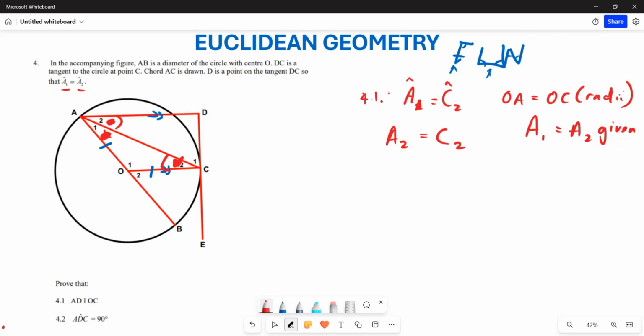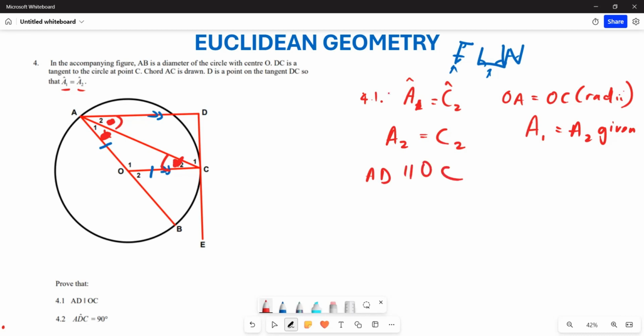So now we can conclude that yes, from here, our AD is going to be parallel to OC. Why? Because look at angle A2.